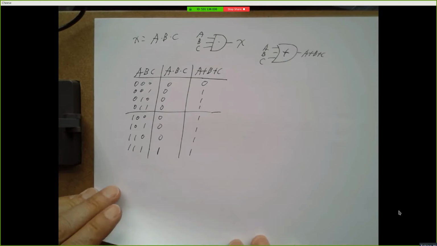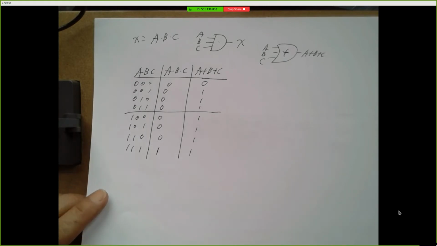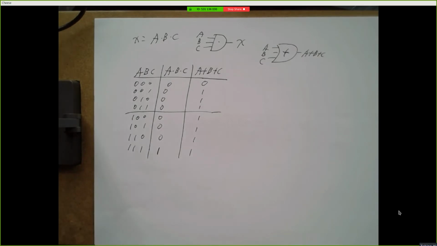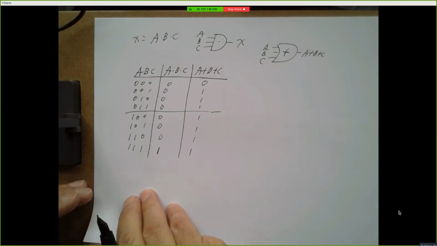So in 120 we usually talk somewhat about these rules of Boolean algebra, these things that we can do. For example, assume that everything that I'm going to write here is a Boolean variable, A, B, C, and so on.